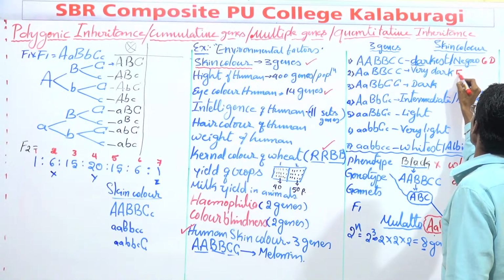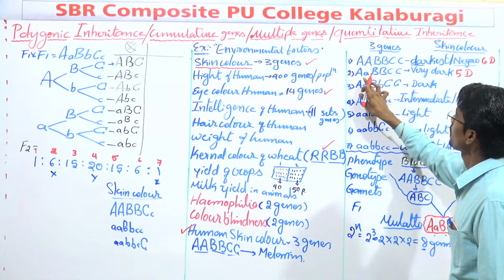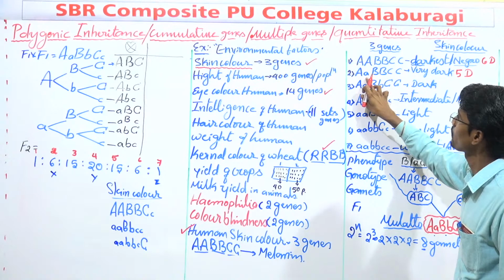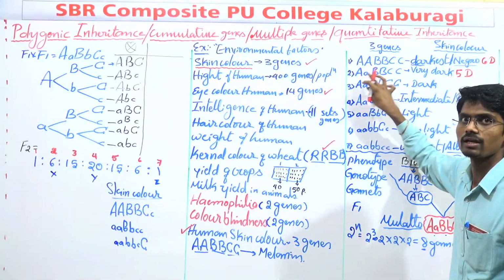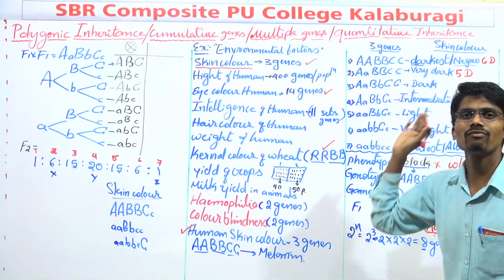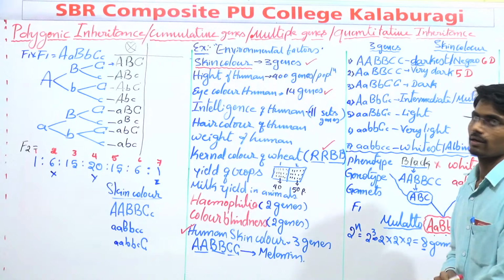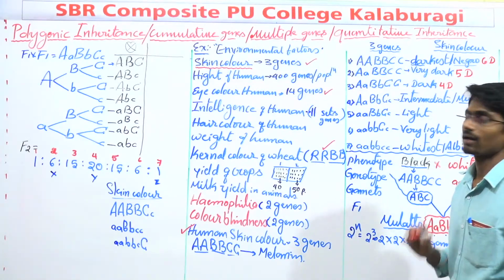If five are dominant, it becomes very dark. It may be any genes. Here they have given A as recessive, but sometimes B may be recessive if another A is dominant. If any five dominant alleles are present, that is the dark color. If four dominant alleles are present, it is dark color.